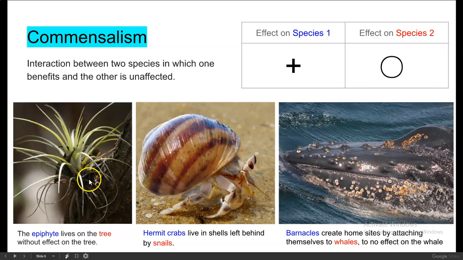So these live in really humid environments. Hermit crabs live in shells left behind by snails. Doesn't hurt the snail, it's already gone, but the hermit crab benefits by getting shelter. Barnacles create home sites by attaching themselves to whales. The barnacle gets a place to live. The whale doesn't really care either way.